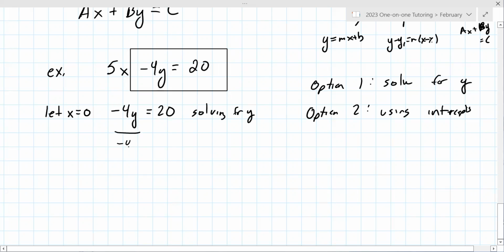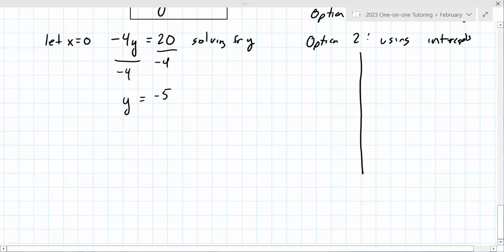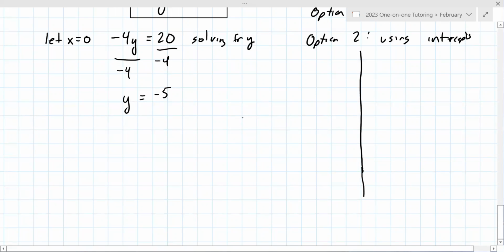You divide both sides by -4. y equals -5. Now, why am I doing that? Because we now have a point to graph. That's one of the intercepts. So 0, -5: 1, 2, 3, 4, 5. That's down here.